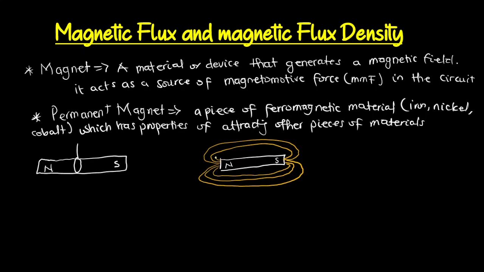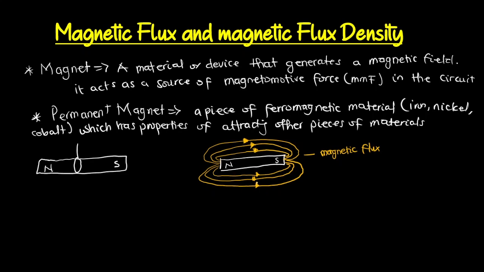These lines are what we call the magnetic flux, and the area around where the magnetic flux is felt is what we call the magnetic field.